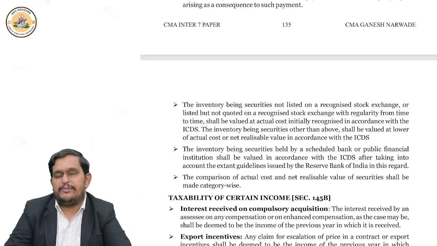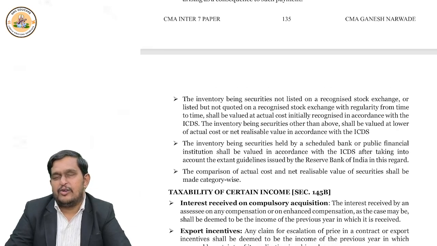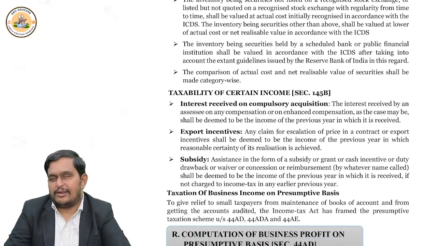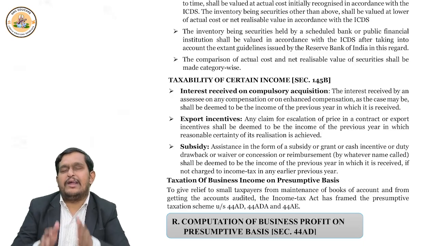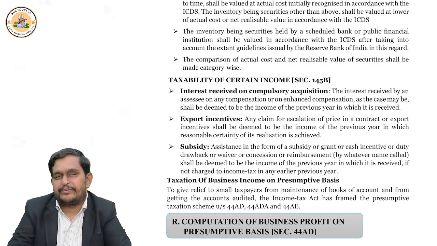Right? Suppose it is a case of a bank or public financial institution, then obviously you have to value the securities here also. Like HDFC Securities holds securities, like Life Insurance Corporation also holds some securities. So what should be the value taken? The value should be taken as per ICDS.